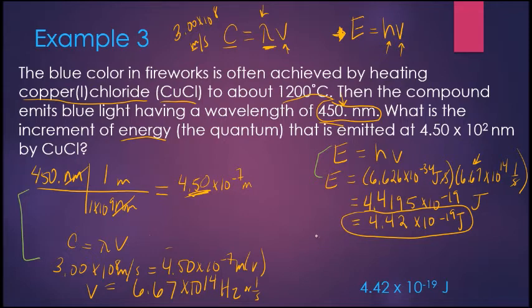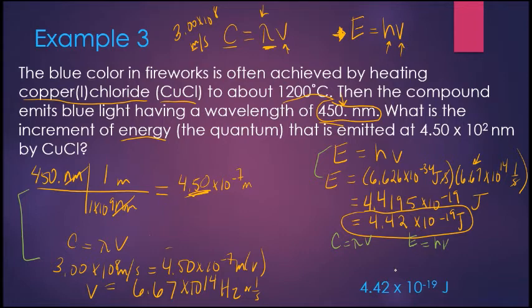However, you can do it the short way, and this is how you do it: you manipulate the equations. Because we have the speed of light equals lambda times v, and the energy equals Planck's constant times v. Well, they both have a v in them. So that means I can substitute. Has everybody heard of substitution here? Yes, right?